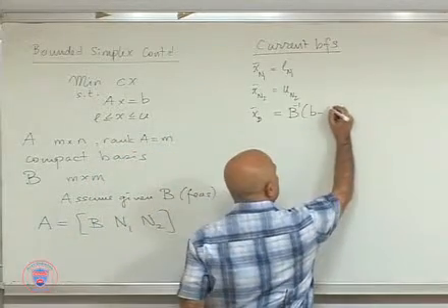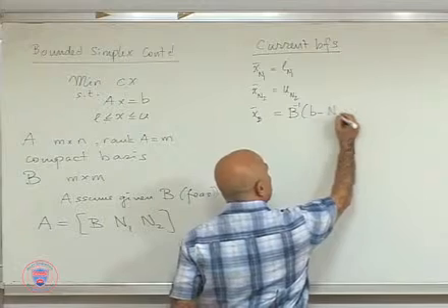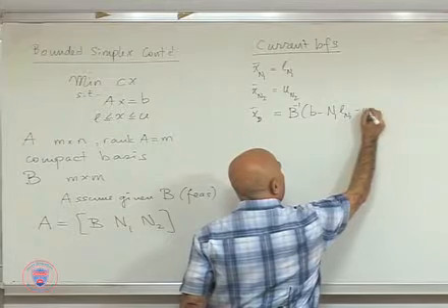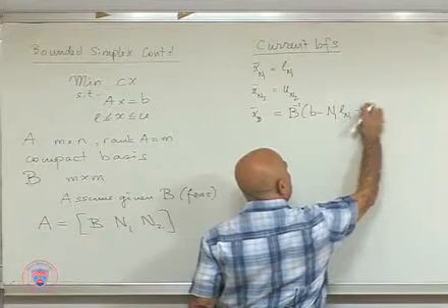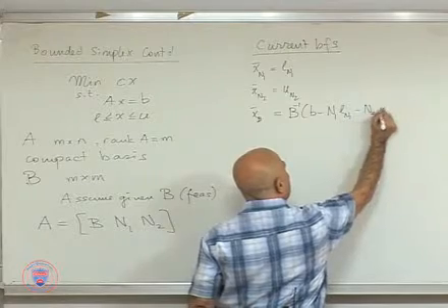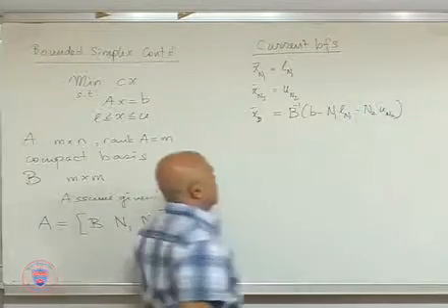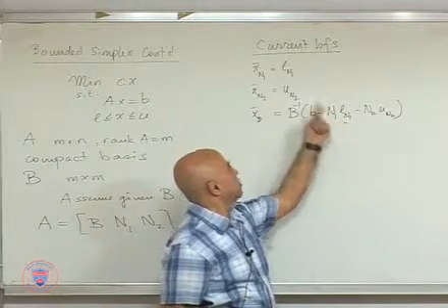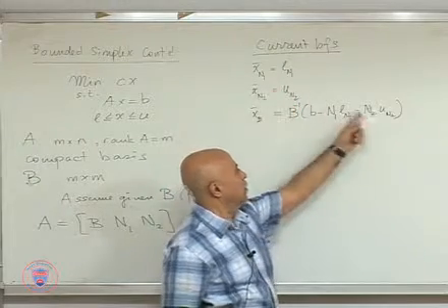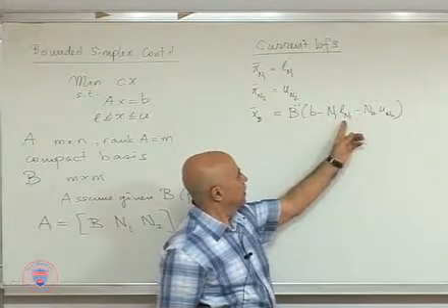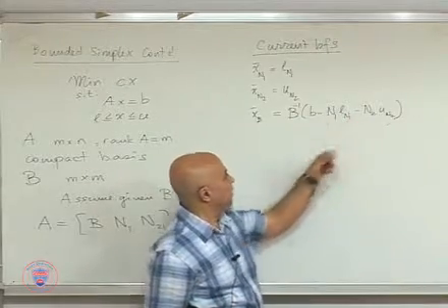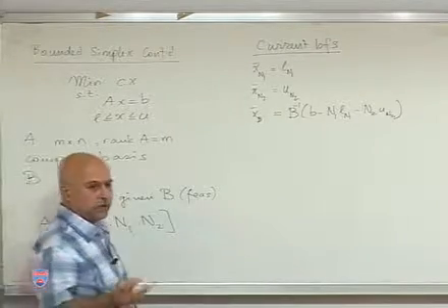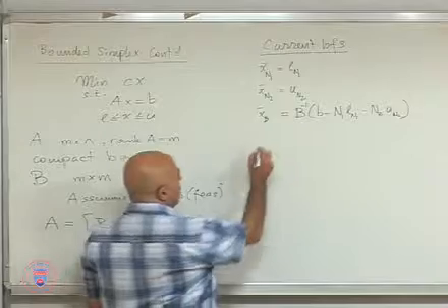And once you do that, you're multiplying by B inverse the converted right side. So once you set your non-basic variables equal to their lower or upper bounds, depending on where they are, then you have a modified right side, and then you multiply by B inverse to get the values of the basic variables. We've gone through this already.